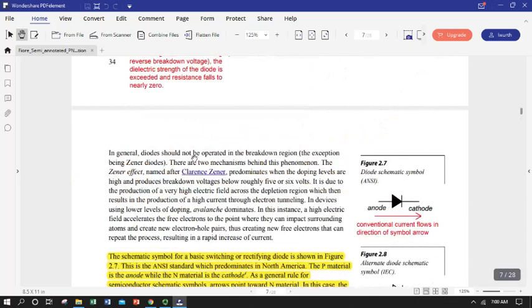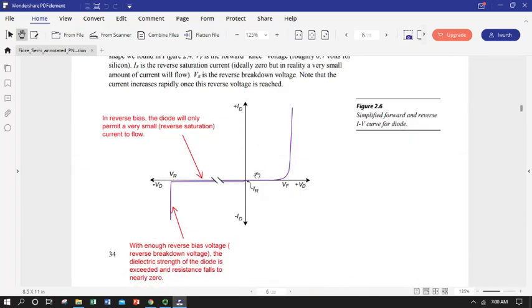So what that means is, if we go back to our diagram here, when we've applied enough forward bias voltage to get this current flowing, basically giving us as much current as we want, put something else in the circuit that makes sure that you don't go above a current equal to 450 milliamps.